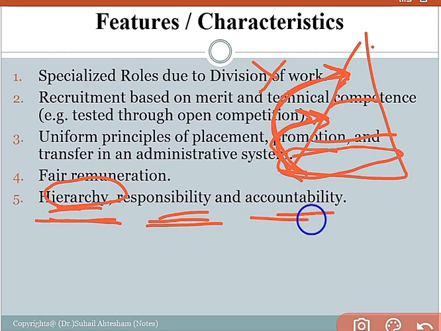And accountability is related to the work performed in the organization by the manpower: whether according to a specified time that work has been performed in the right way or not. If not, why? That is related to accountability. So there will be a specified hierarchy, responsibility, and accountability in the organization if we implement this bureaucracy theory.